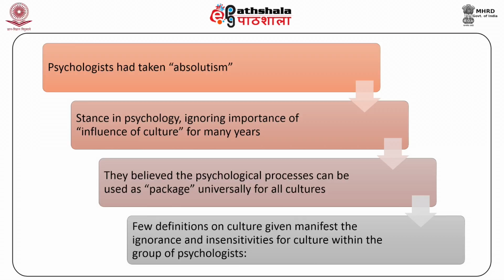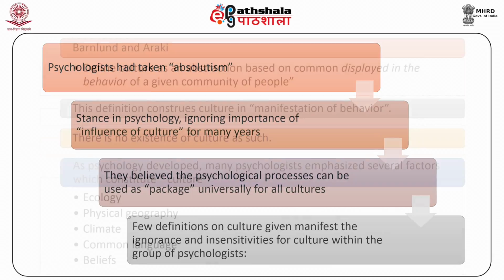They believed the psychological processes can be used as a package universally for all cultures. The few definitions of culture given manifest the ignorance and insensitivity toward culture within the group of psychologists.